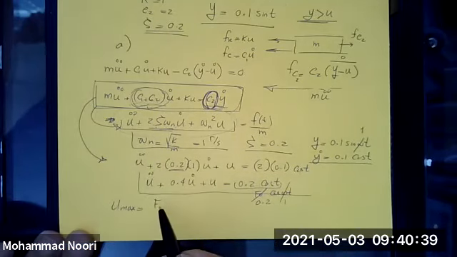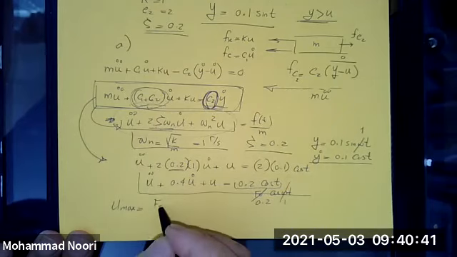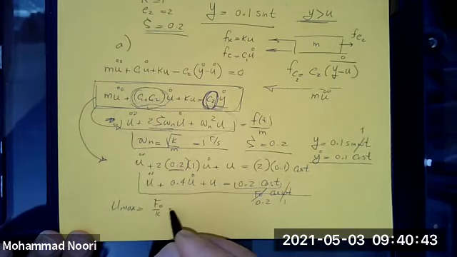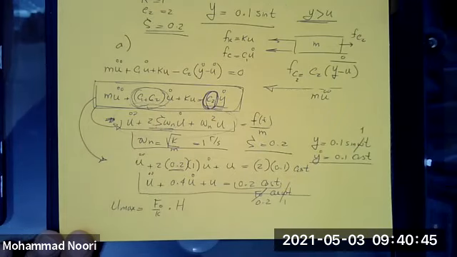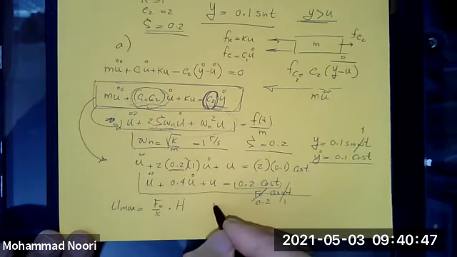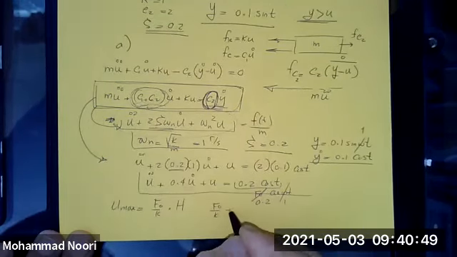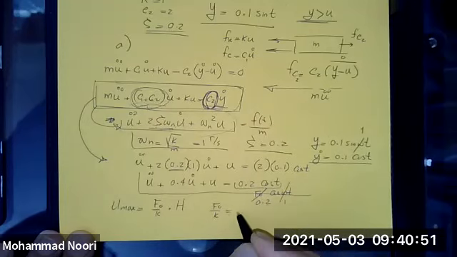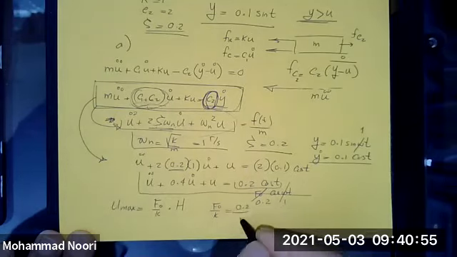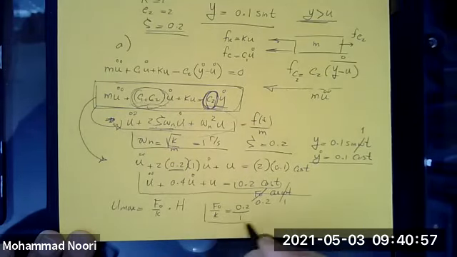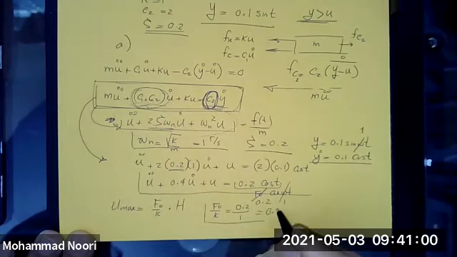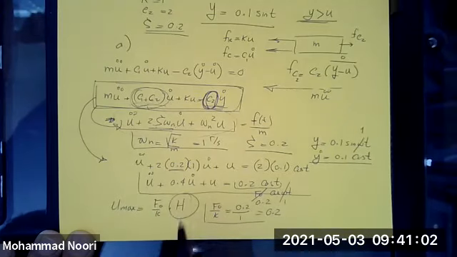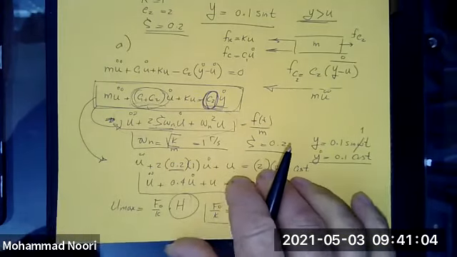So U max is simply F0 over K times H, right? F0 over K is what? F naught is 0.2, K is 1, so this is simply 0.2. All I need is to find H.